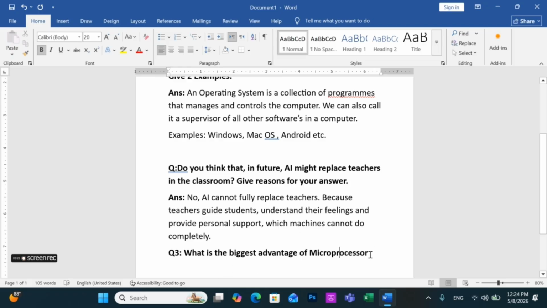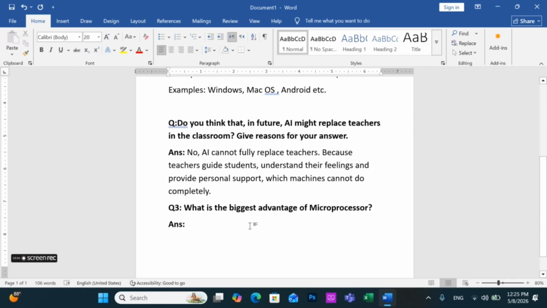Okay, you have to write what is the biggest advantage of the microprocessor in the 4th generation. Basically, the microprocessor is a technology that we use in the 4th generation. So you have to tell me what is the biggest advantage of using the microprocessor.